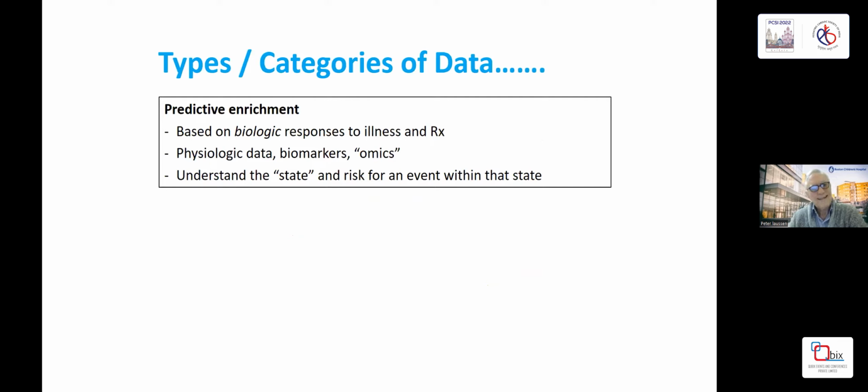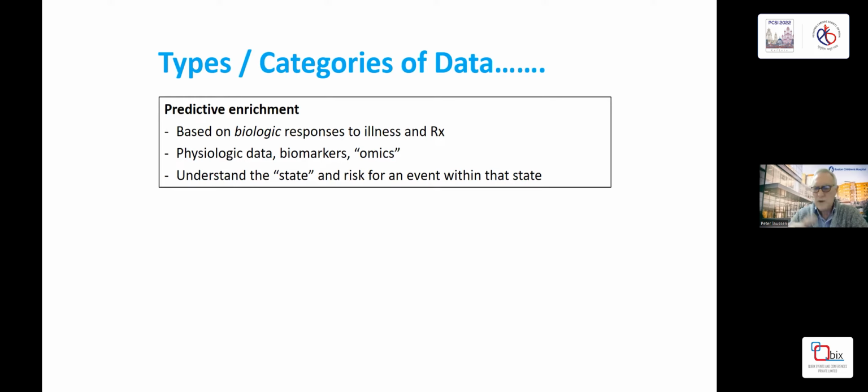This enables what I call predictive enrichment. It's based on biologic responses to illness and treatment. It's physiologic data, biomarkers, various omics that increasingly are becoming part of our decision making, and allows us to first understand the physiologic state of a patient, the functional condition of a patient, and then the risk for an event within that state.